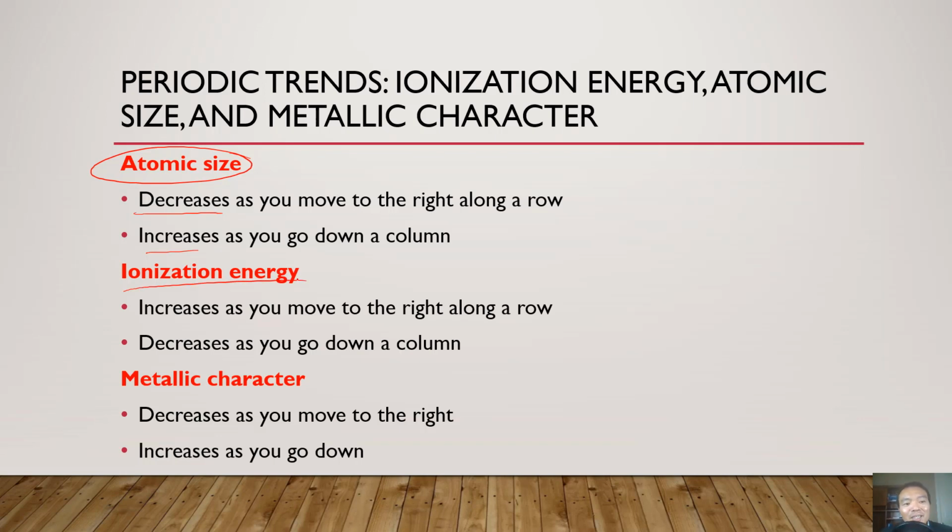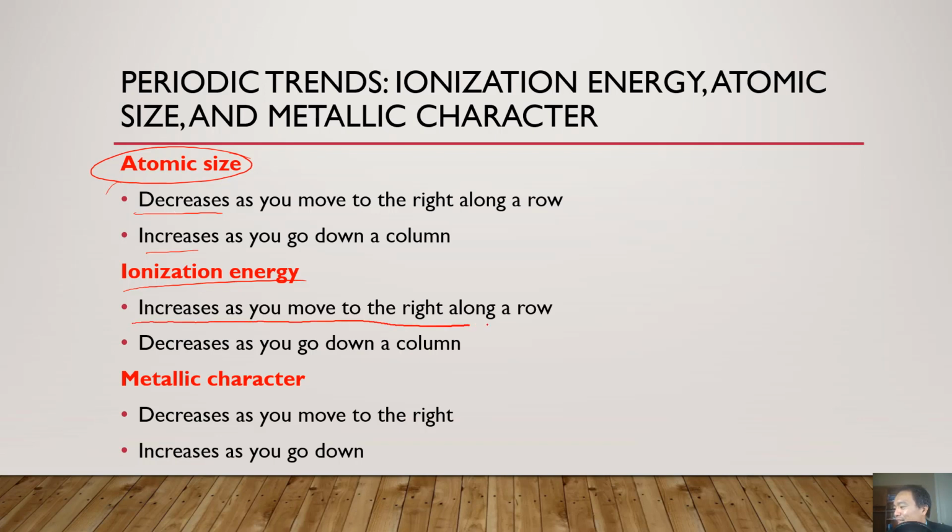What is ionization energy, by the way? Ionization energy means the energy it takes to remove 1 electron from the neutral atom. If you have higher ionization energy, that means it's more difficult to remove the outermost electron from the atom. So the trend is opposite compared to the atomic size.